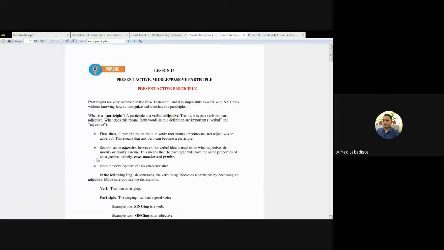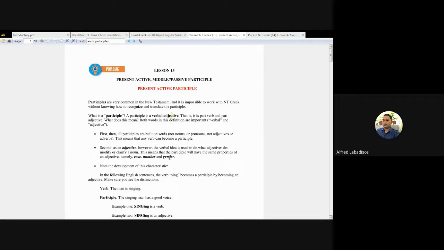So you have to take note of this. They modify or clarify a noun. This means that the participle will have the same properties of an adjective, namely case, number, and gender.